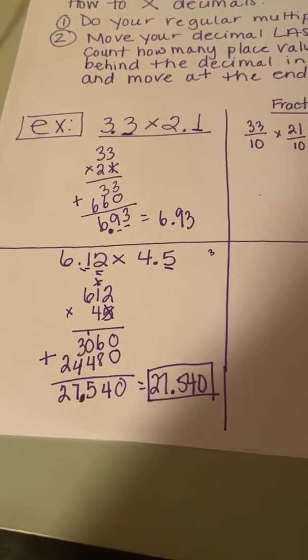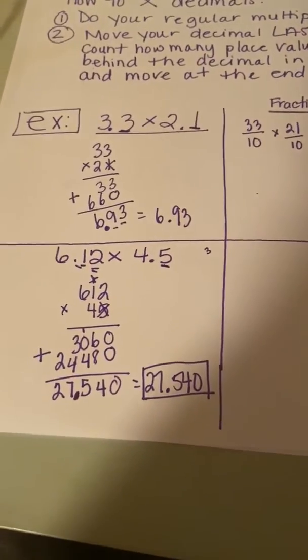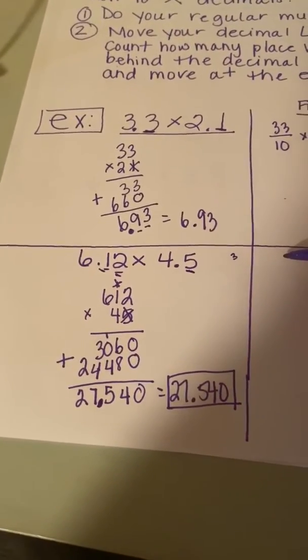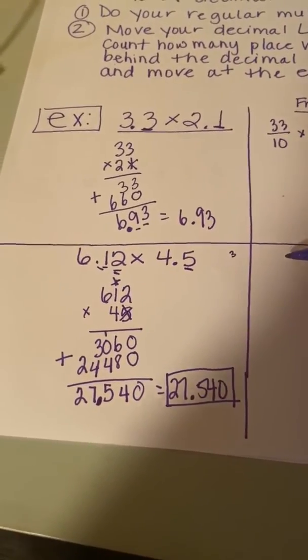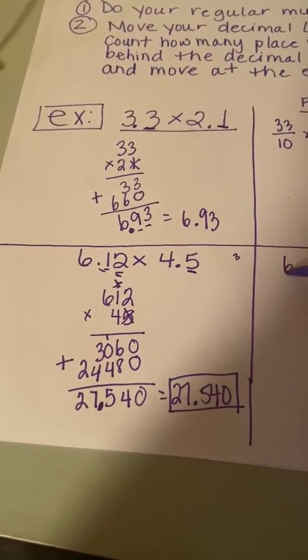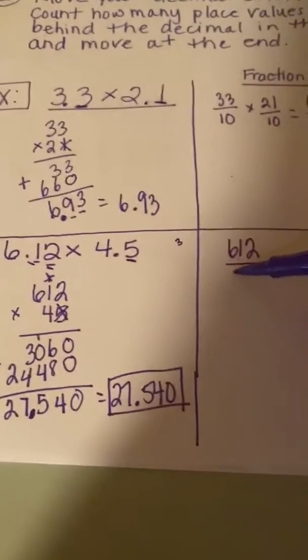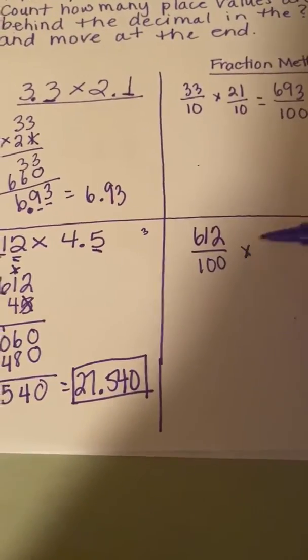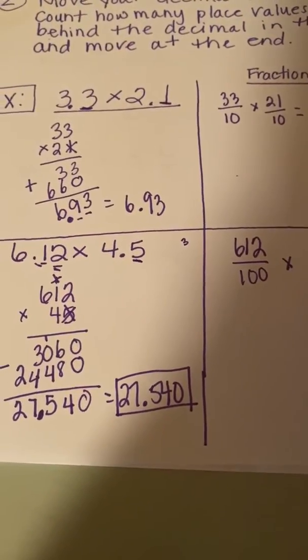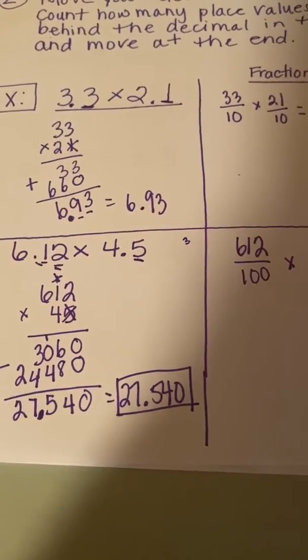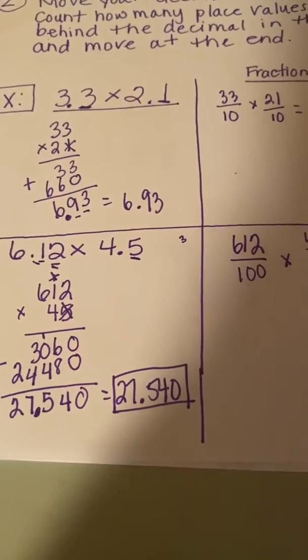Okay. Let's do it like a fraction. 612 what? There's 2 digits after the decimal, so I know it's going to be hundredths, times 4 and 5/10ths, which is tenths, and 45.